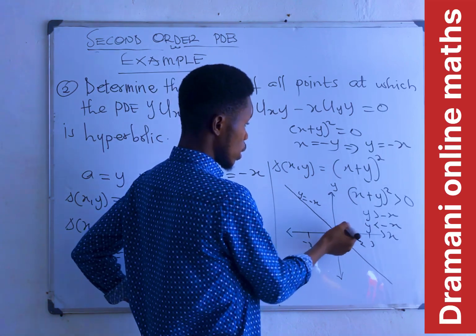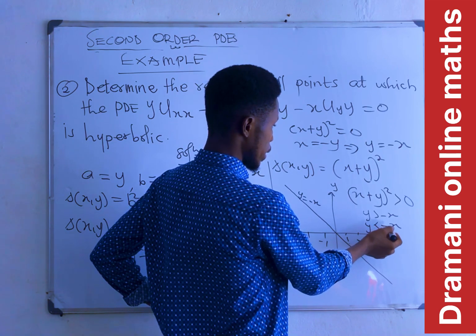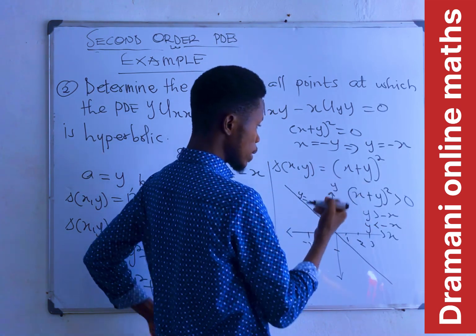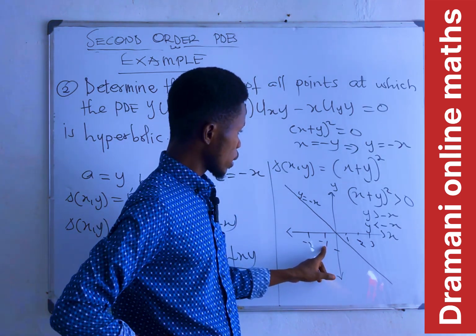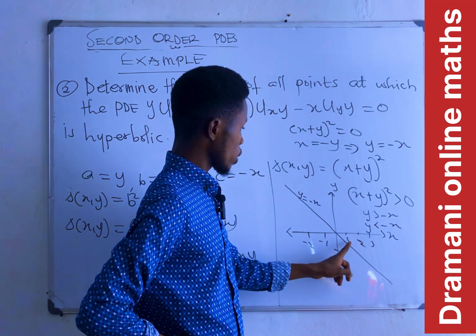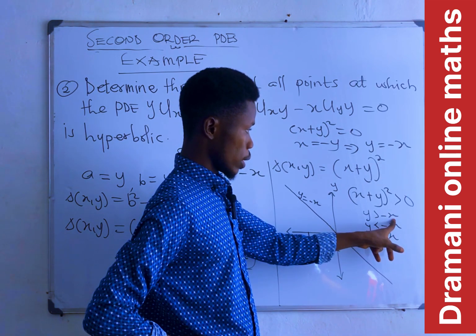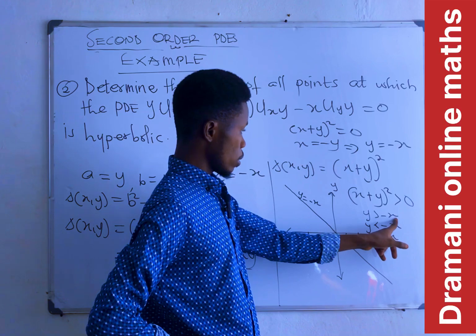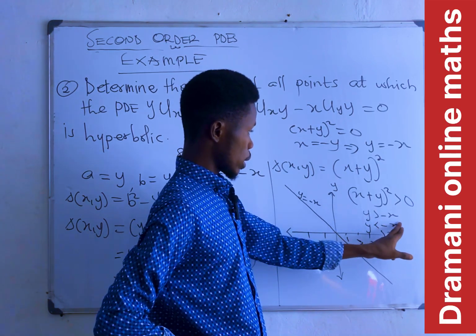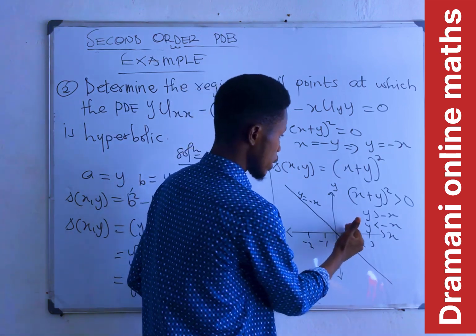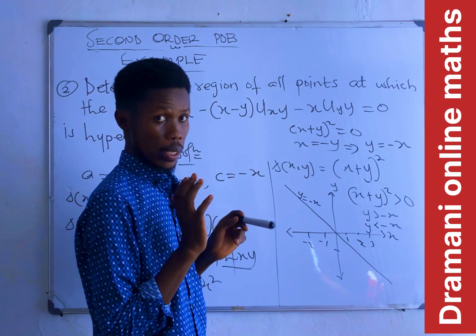If you say that y is less than negative x, let me pick positive values. If I put 1 here, that will give me negative 1. If I put 2 there, that will give me negative 2. If I put 3 there, that will give me negative 3. This place is certain because indeed y is greater than negative x.